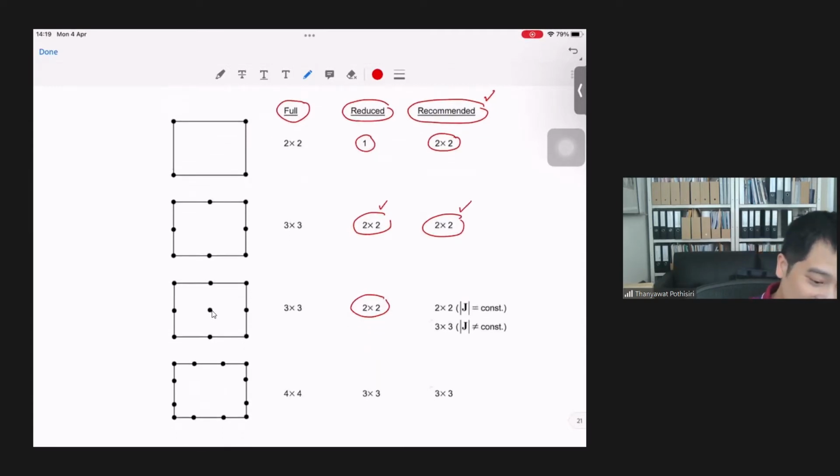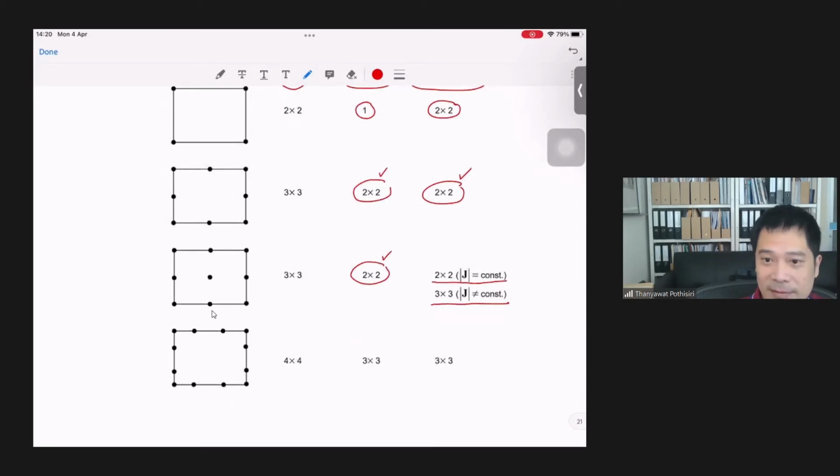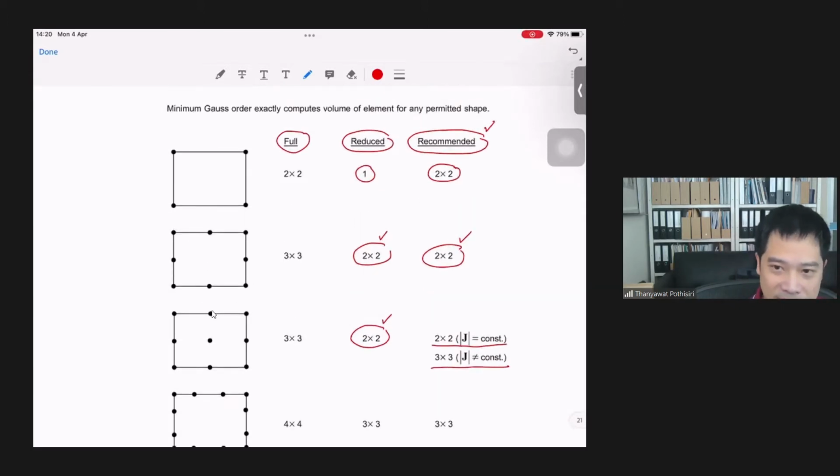For 9 nodes, the reduced order is 2 by 2, and the recommended order would be 2 by 2 for a case where you have J being constant, but for J not being constant, a 3 by 3 point is recommended. Okay. So you see that different sampling points would be recommended for different types of cases by using different types of elements. Okay.